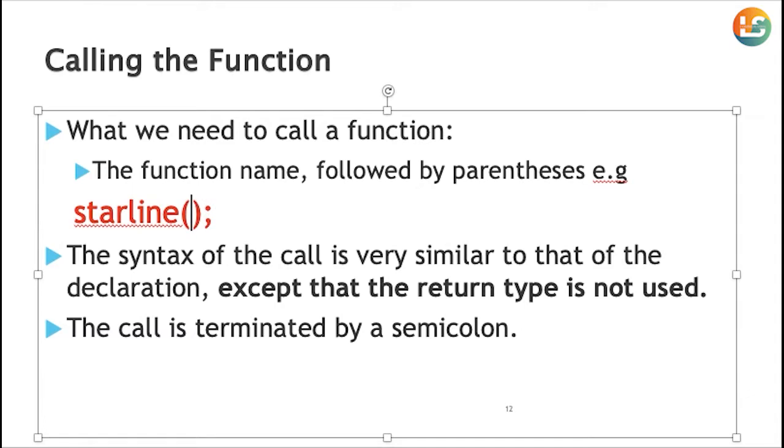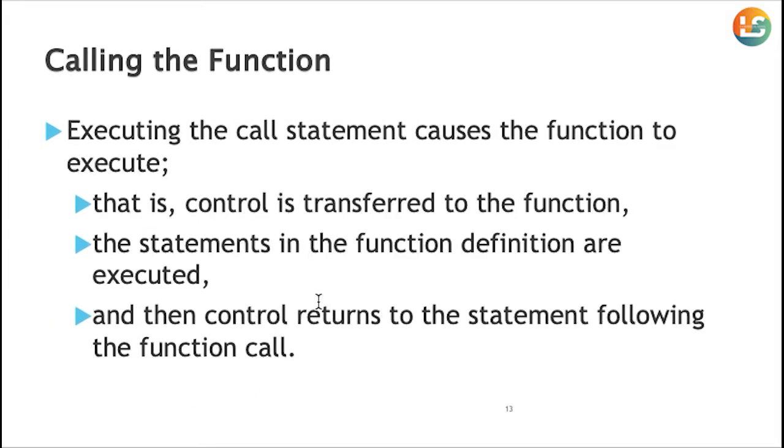Now the point of calling: executing the call statement causes the function to execute, that is, the control is transferred to the function, the statements in the function definition are executed, and then the control returns to the statement following the function call. So how it works is simply that wherever you are calling a function, your control will be shifted to the function.